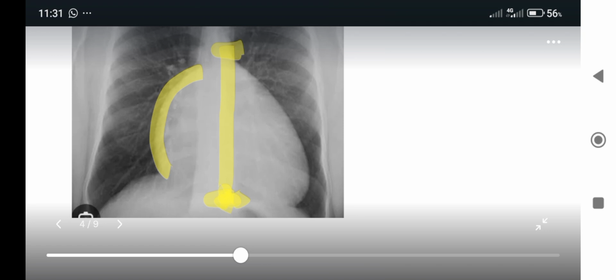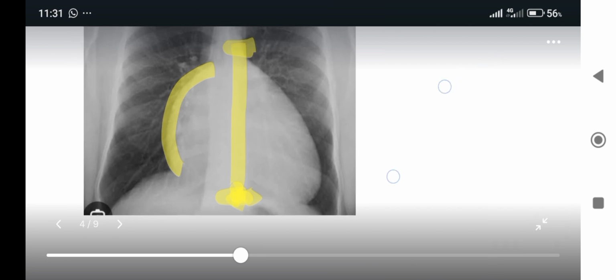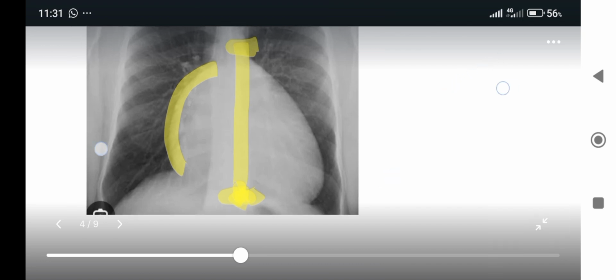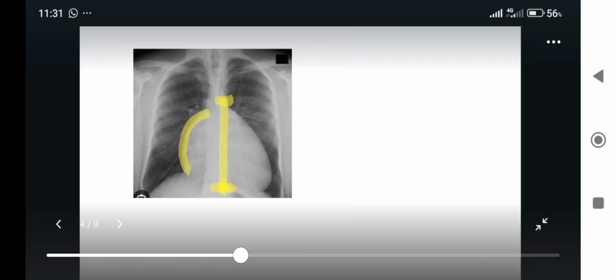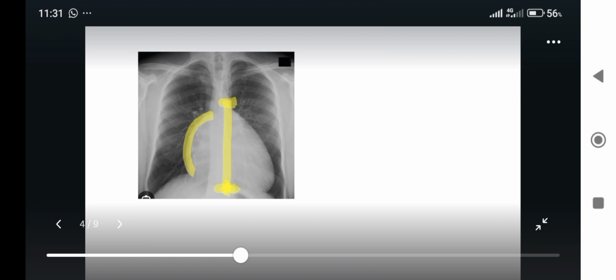So the length of this convex line should be at least 50% or more of this cardiovascular height for us to say that there is a right arterial chamber enlargement. So you see how it's easily depicted or illustrated. That is how to detect right arterial chamber enlargement.